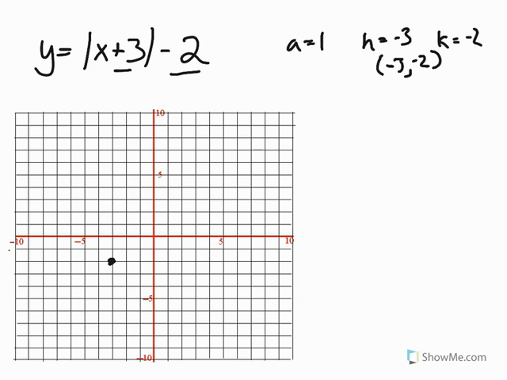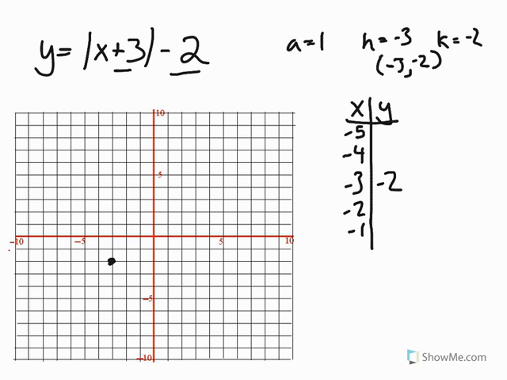And to graph the rest of it, we're going to go ahead and make a table. And for this table, I'm going to put my vertex in the middle, so -3, -2 again. And then I'm going to choose 2 points to the left, so -4 and -5. And then I'm going to choose 2 points to the right, so -2 and -1.